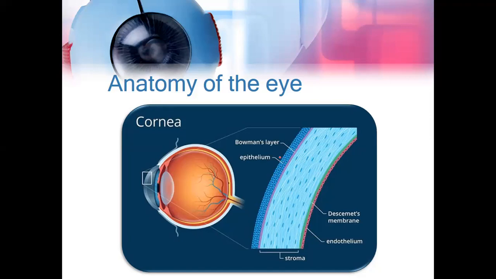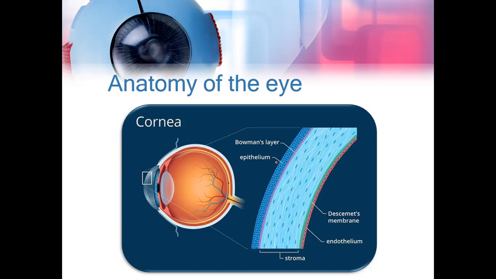When there is some sort of damage, it can be repaired very easily if it did not go through Bowman's layer. When it only reaches the epithelium, it can easily solve the problem. It is so fast that if the damage only involves the epithelium, it could be renewed in almost just 3 hours. So it's really, really fast.